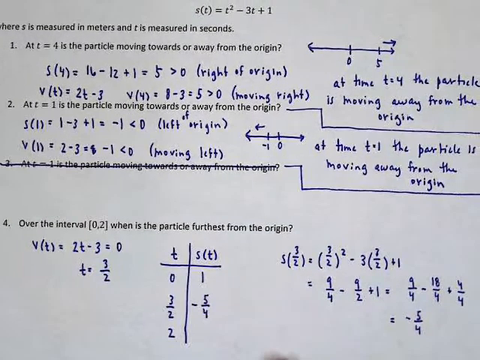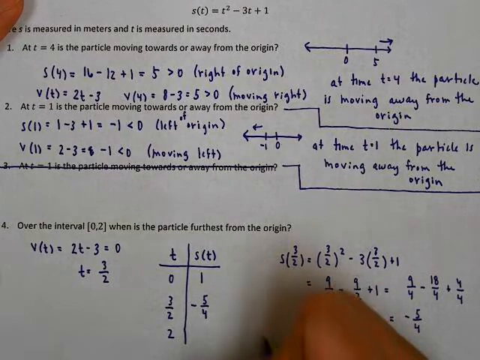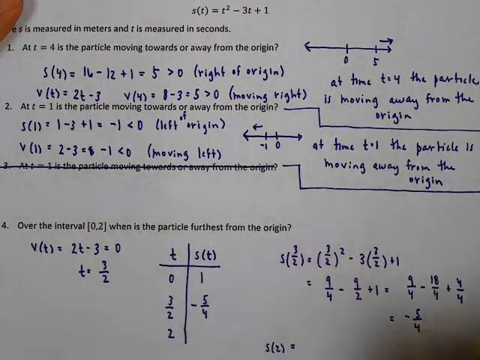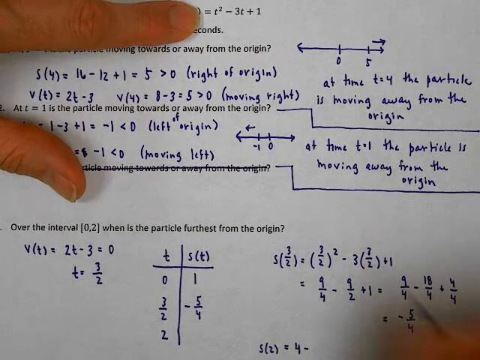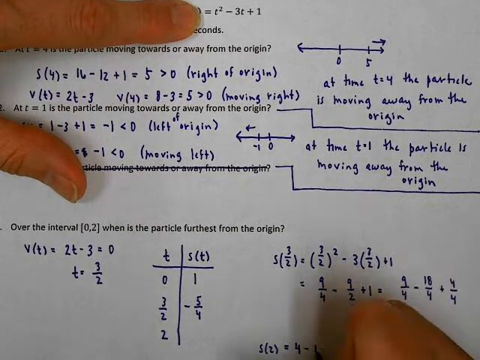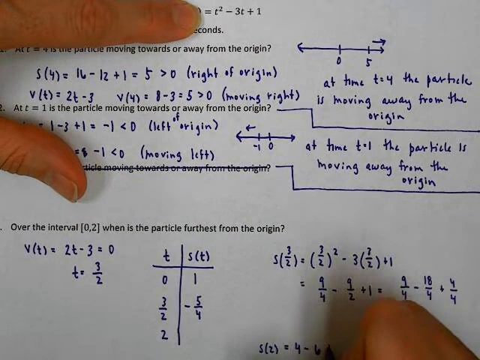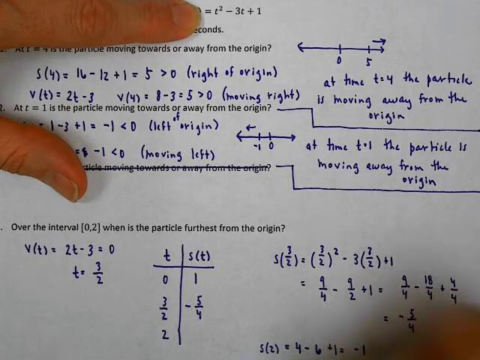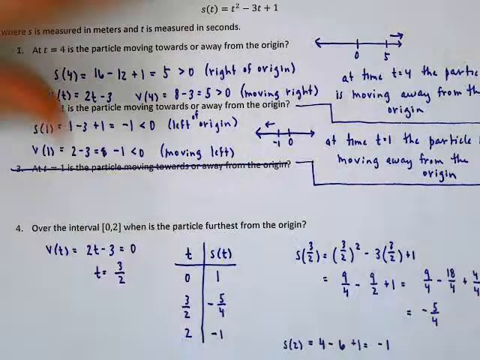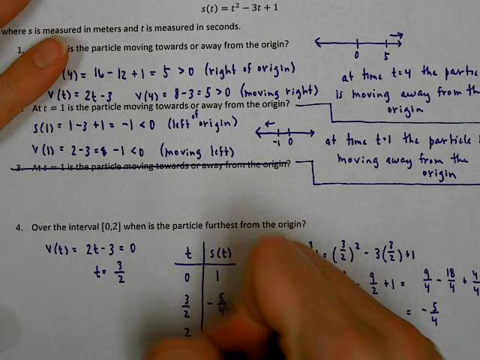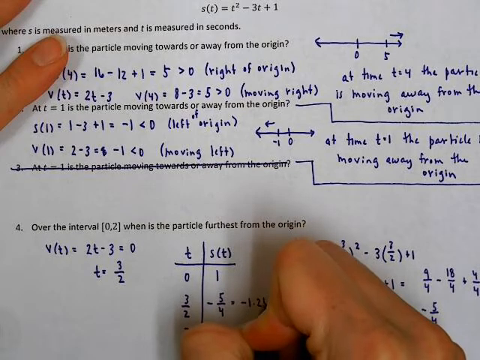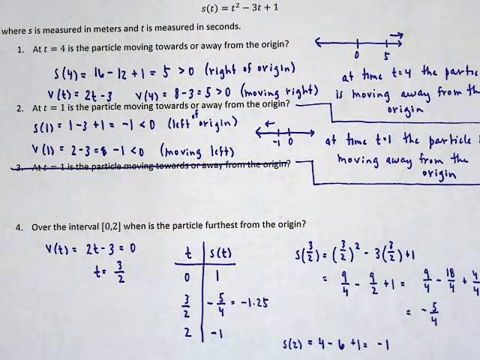And then if I plug in 2 for my position, S of 2 is equal to 2 squared is 4, minus 3 times 2 is 6, and then plus 1. So negative 2 plus 1 is negative 1. Excuse me. Sorry about that. So now I've got my 3 values here. I know this is negative 1.25, and I'm looking for when I'm furthest from the origin.